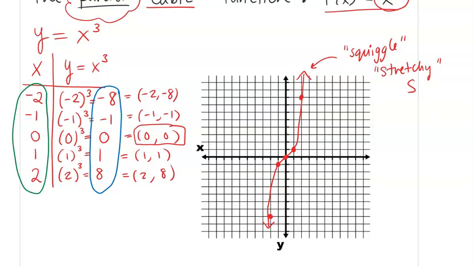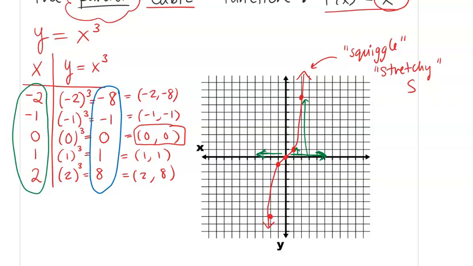But basically, this is how a cubic function behaves, because with a cubic function, if you have a positive x value, so for all x's that are on the right side of the y-axis, these are positive x's, the resulting y values are going to be positive. So your graph is going to go up on the right. But then you go over here to the left, these x values to the left of the y-axis are all negative.